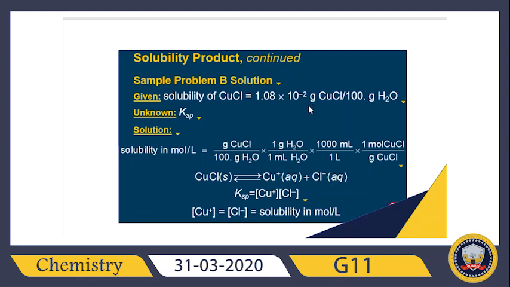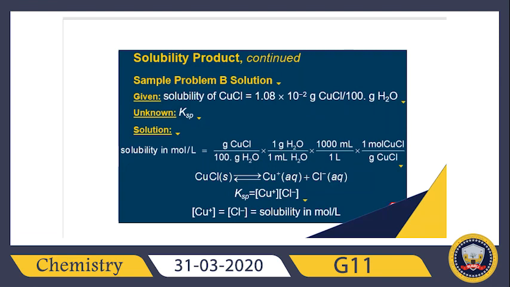So we just need to convert these units into mole per liter, and then the value that we get will be equal to the concentration of each of these ions, and after that we can substitute the values in this formula and calculate Ksp.